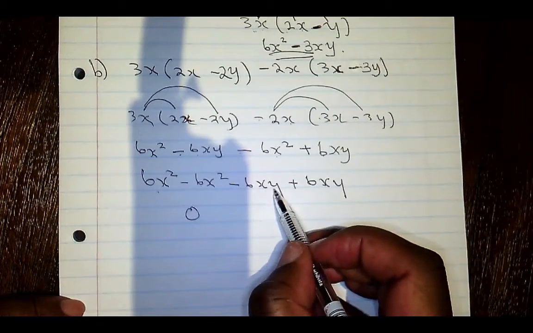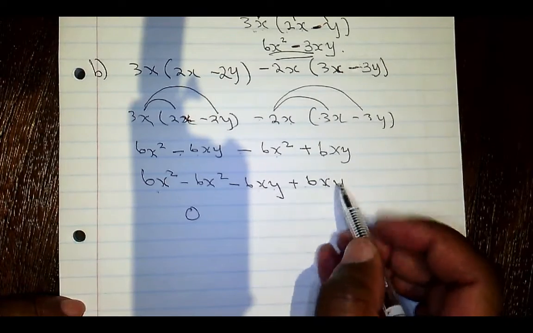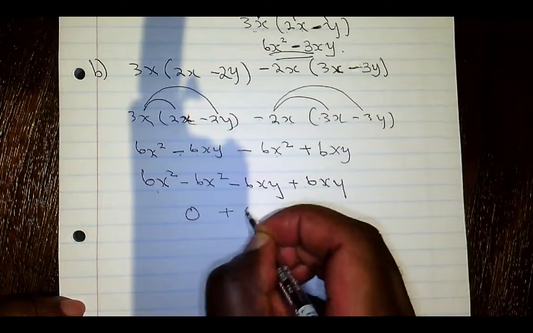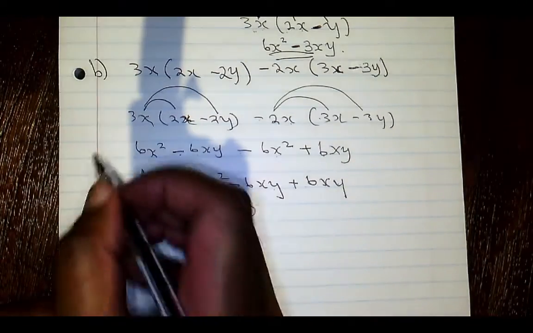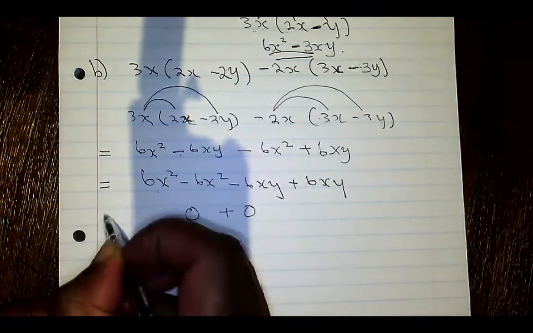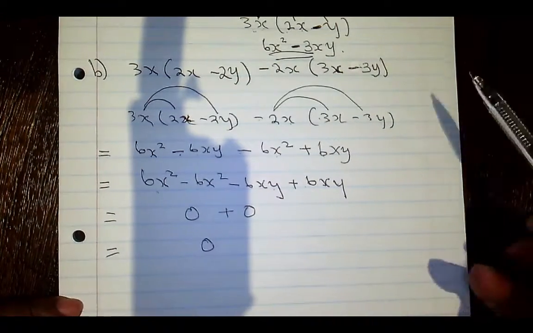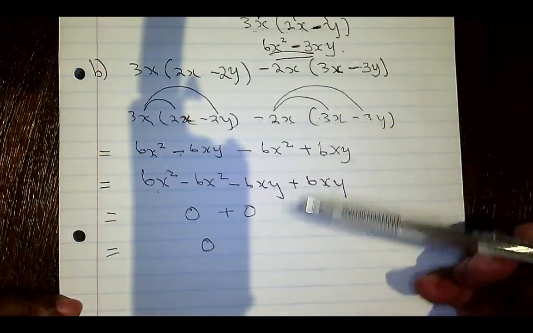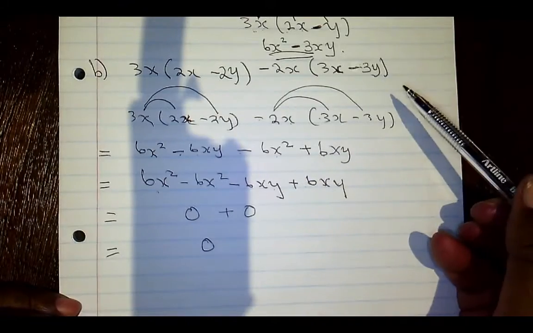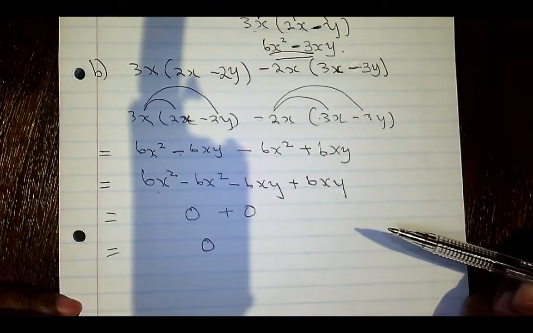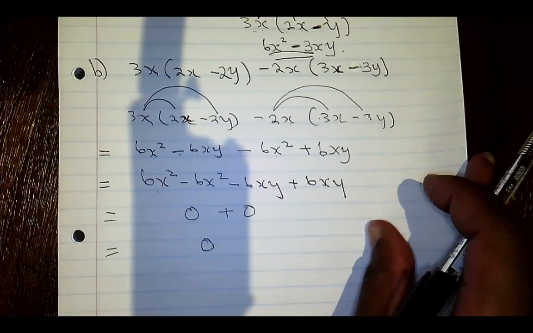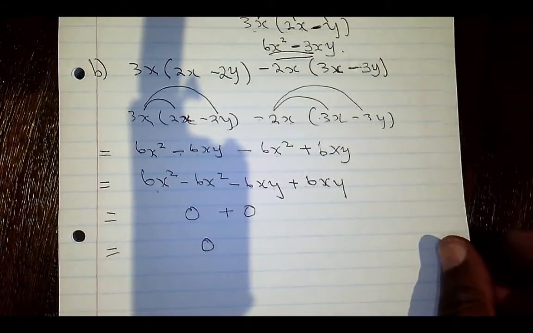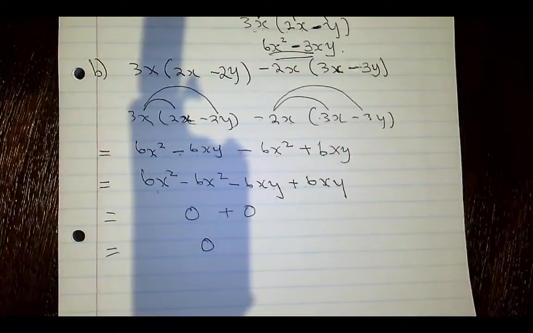Minus 6xy plus 6xy is also 0. So that thing simplifies to 0. So if you want, you can put your equal signs there. Okay, so if you expand that and simplify, you end up with 0. Remember, to expand is to remove your brackets using multiplication. This was revision from grade 9.